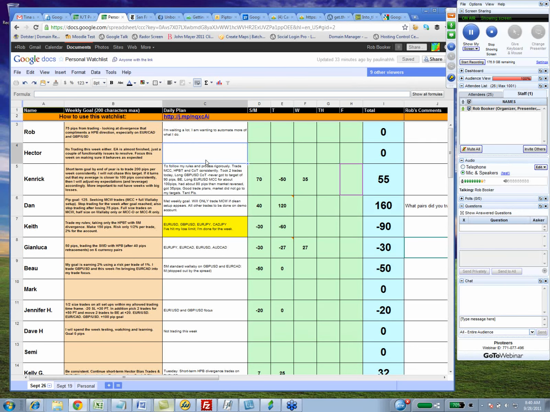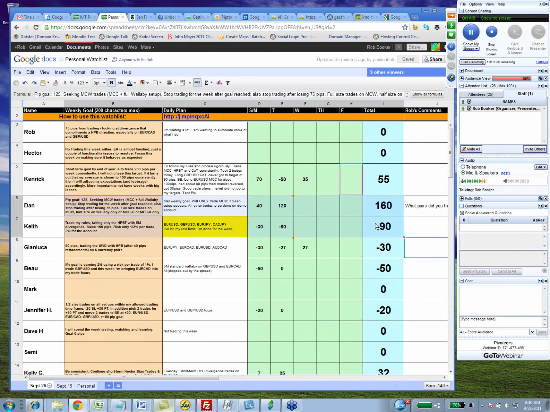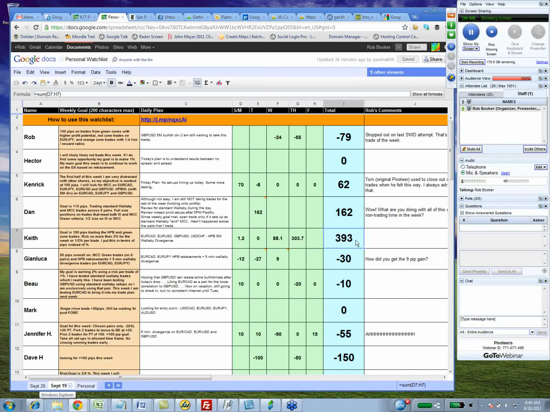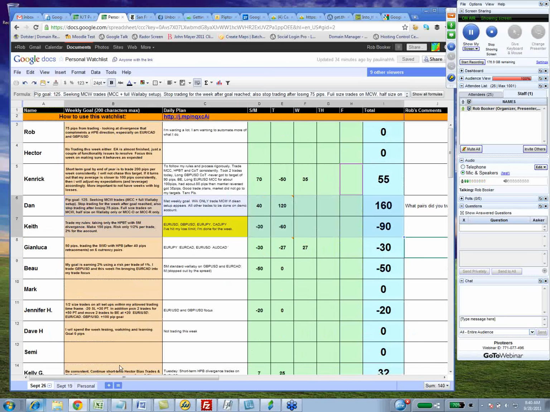But then at the end of the day, Dan is sitting here running his trading side by side with Keith, but they're not doing the same exact thing. Keith had a negative week and Dan had a positive week. Last week, Dan had a pretty good week and Keith had a monster week. They're not doing exactly the same thing, but over time it's going to be fine for both of them, as long as they go to their desk every day and they stay consistent.